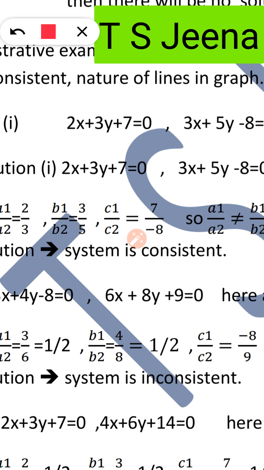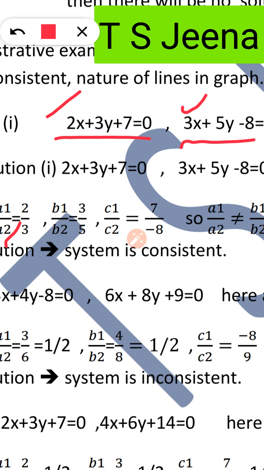First equation is 2x plus 3y plus 7. Second equation is 3x plus 5y minus 8. You find out a1. In the first equation, the coefficient of x will be a1 and a2 in the second equation. So a1 upon a2 value will be 2 upon 3.